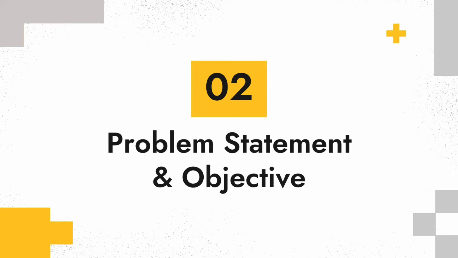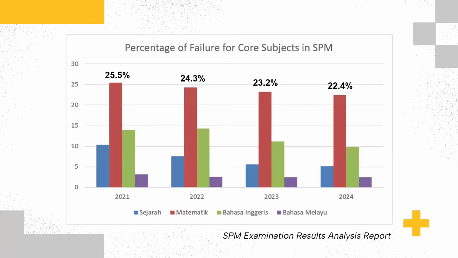Moving forward with the problem statement and objective of this study. The performance of high school students in mathematics remains below expectation. The SPM examination results showed that mathematics has the highest failure rate compared to another four subjects.